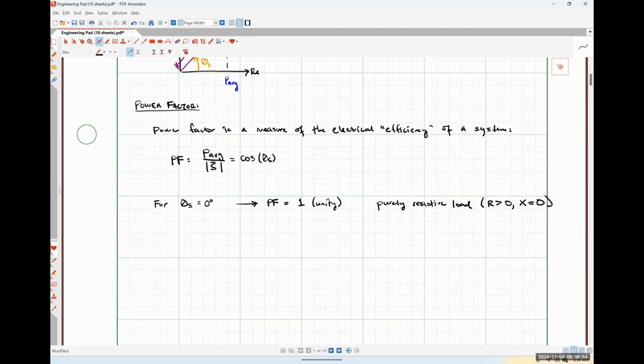Okay. Now let's talk about when 0 degrees is less than theta s is less than 90 degrees. In this case, our power factor will be somewhere between. Let me write it like this: 1 will be greater than our power factor, which will be greater than 0.